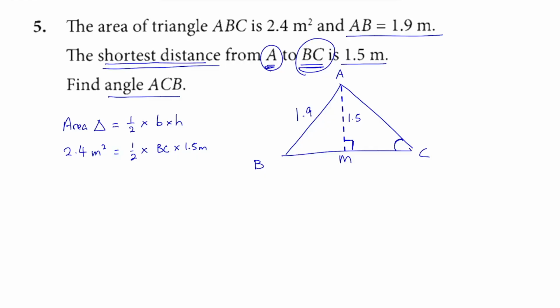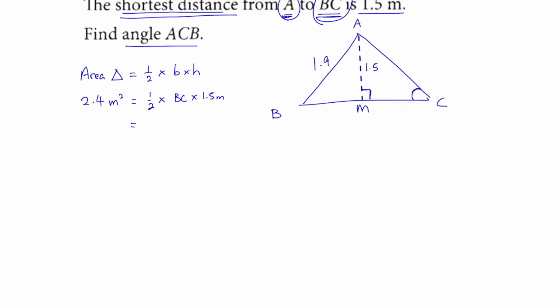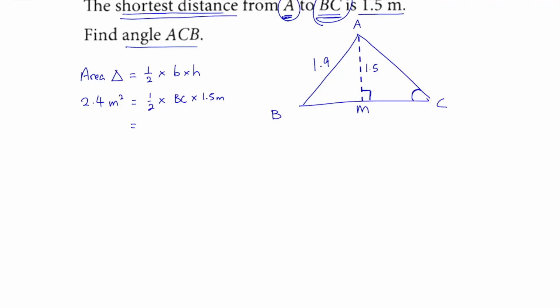Then let's work out half times 1.5 equals to 0.75 BC, right? So 2.4, then I will have to divide both sides with 0.75.